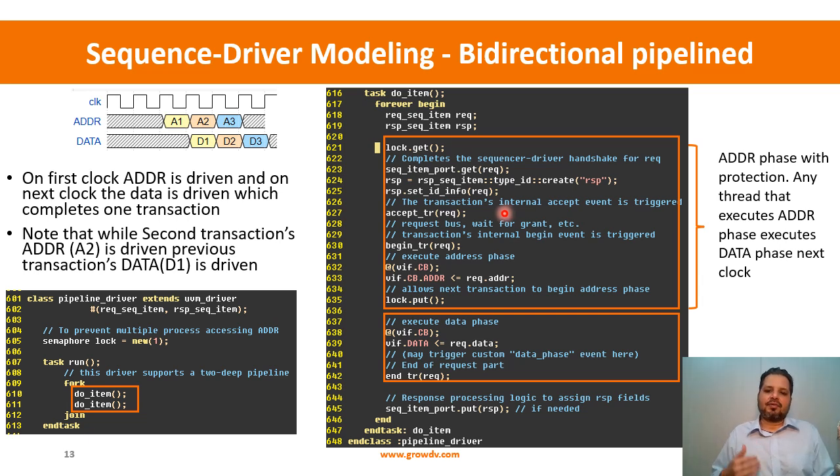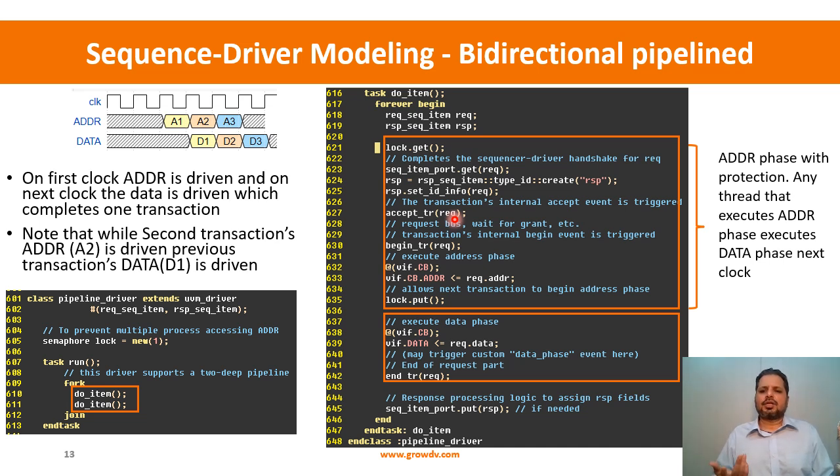If you have a multi-phase type of protocol, each of those sub-phases you can keep communicating back to your sequence, or sometimes if you want to do any performance measurement type of instrumentation, then these events can be used for sampling the timestamps of the key points in your overall transaction processing. So accept transaction will trigger that particular event.